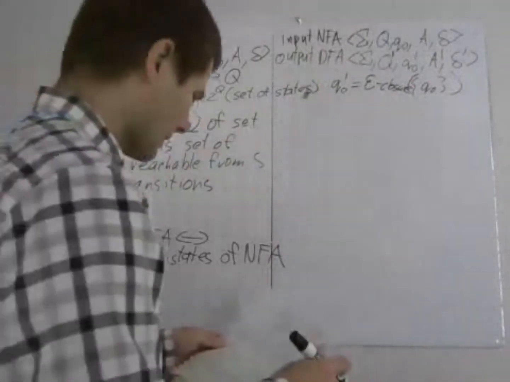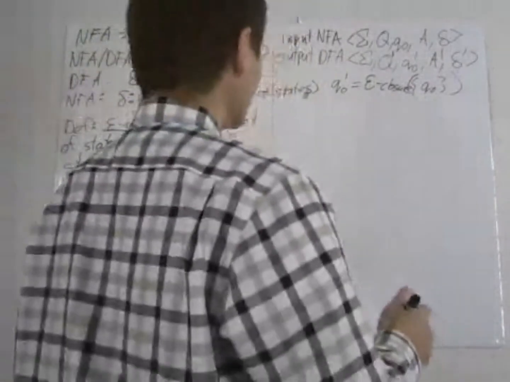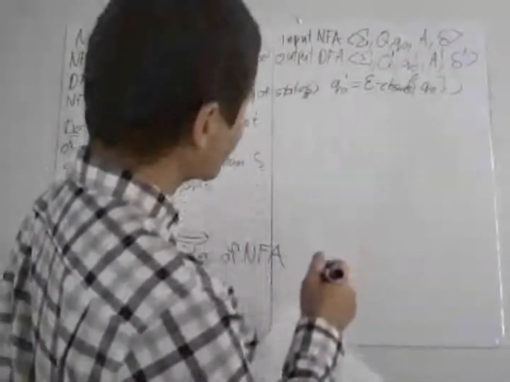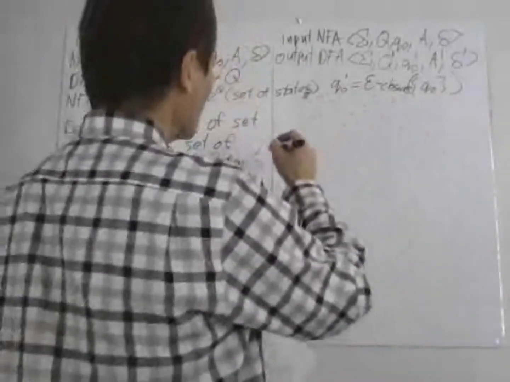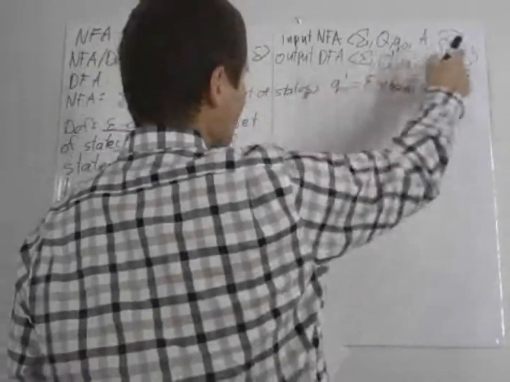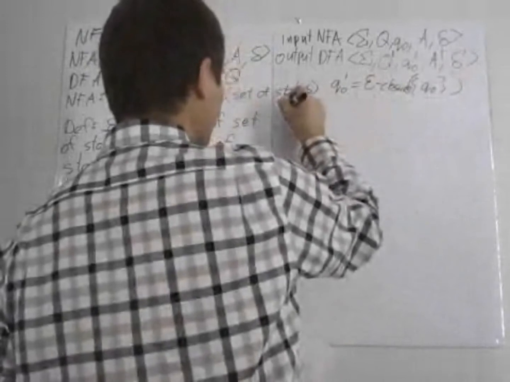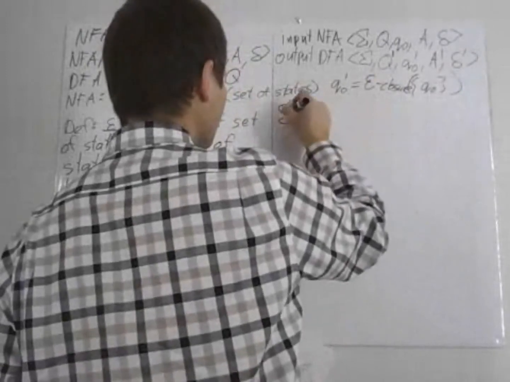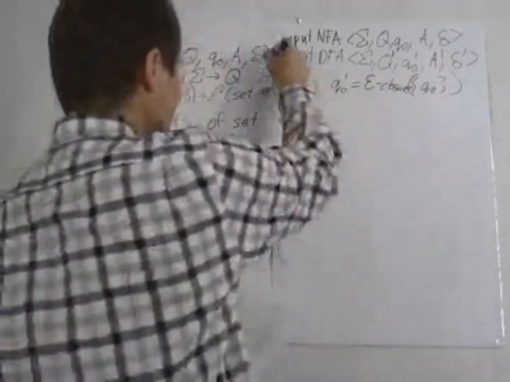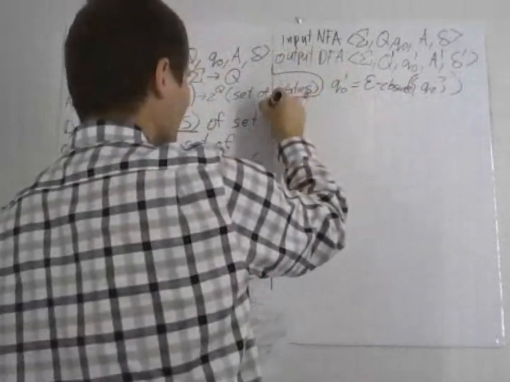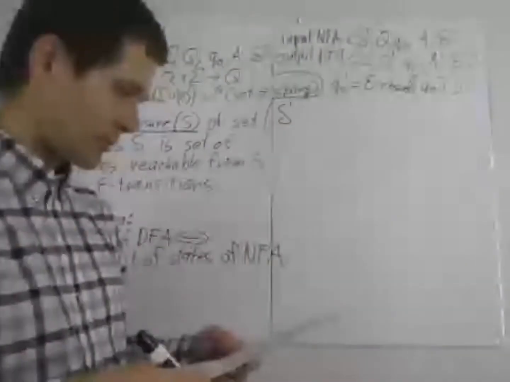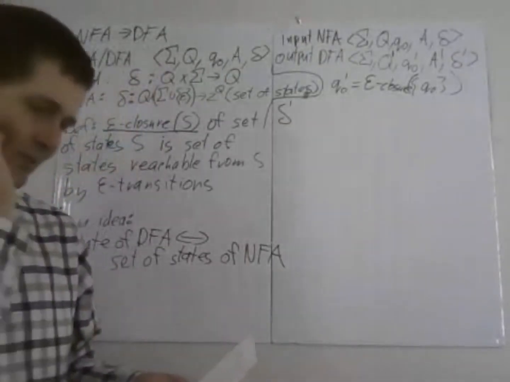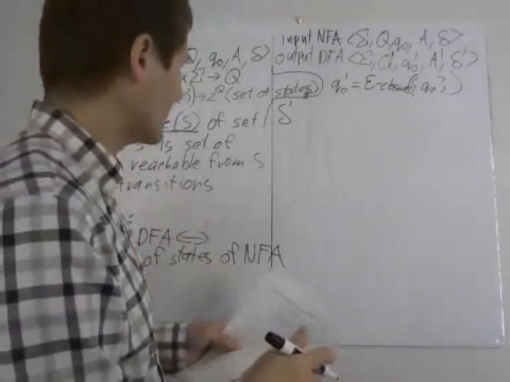Okay, so then what should I define next? Well, maybe I'll define the transition function. So delta prime, how should I define delta prime?